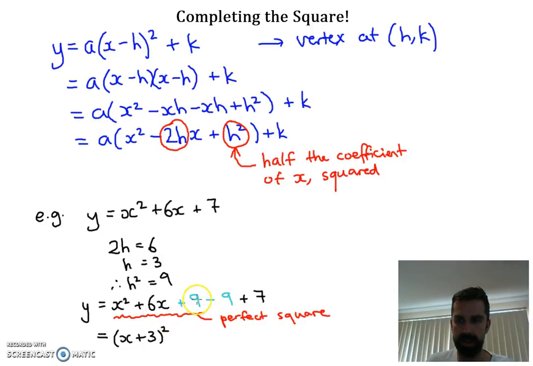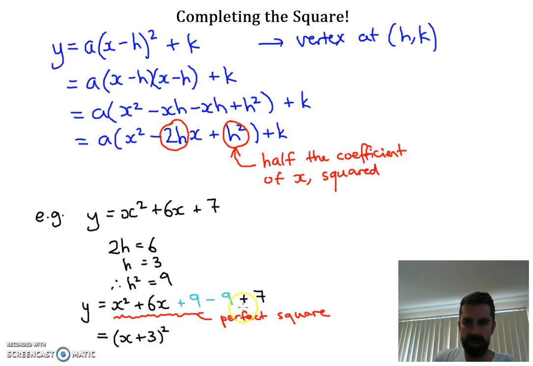Because anytime we're factorizing, we want two factors of 9 that add up to 6. And of course, in this case, the two factors of 9 that add to 6 are +3 and +3. So my only factor is x plus 3, so it's (x + 3) squared.